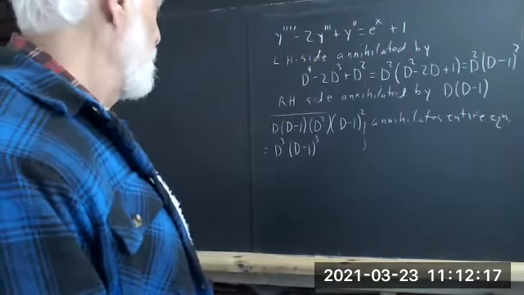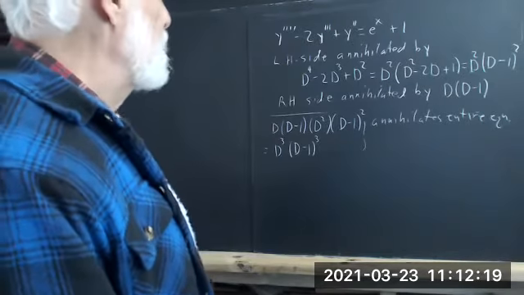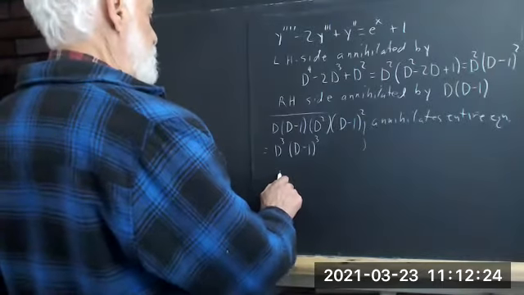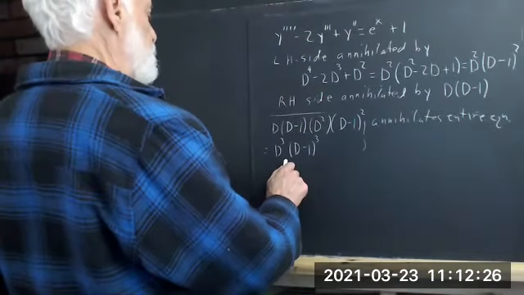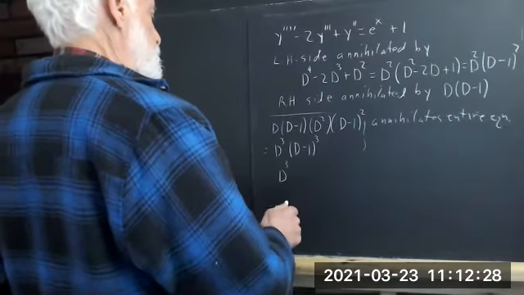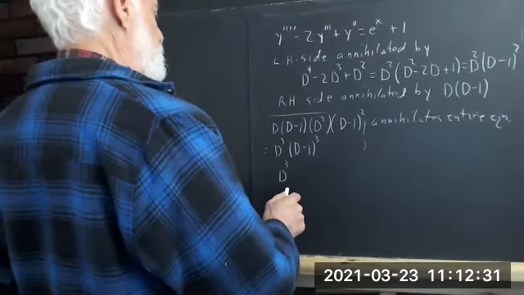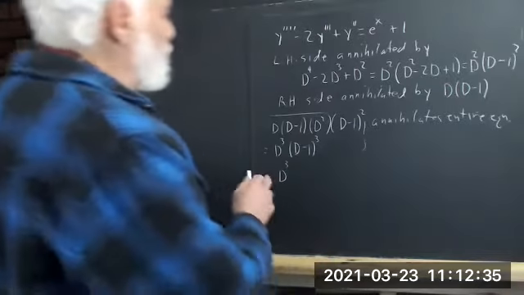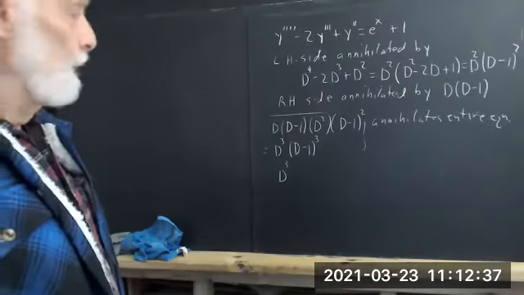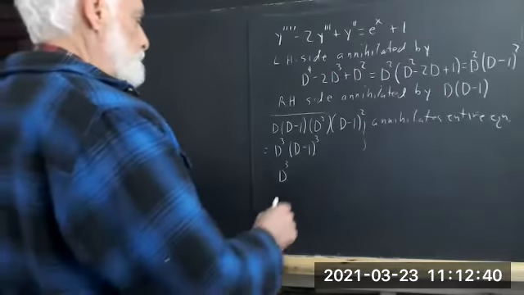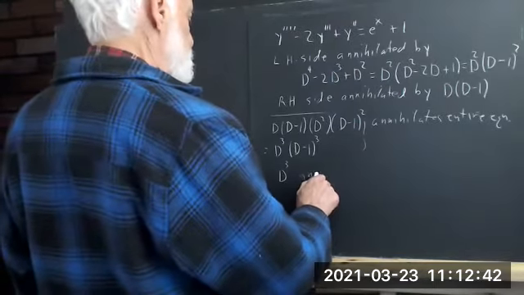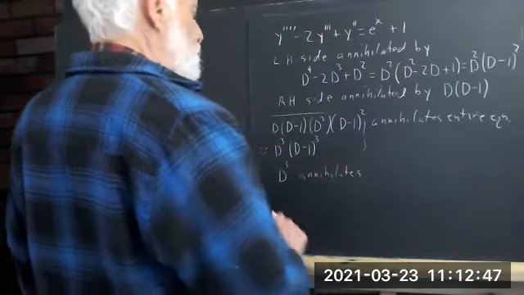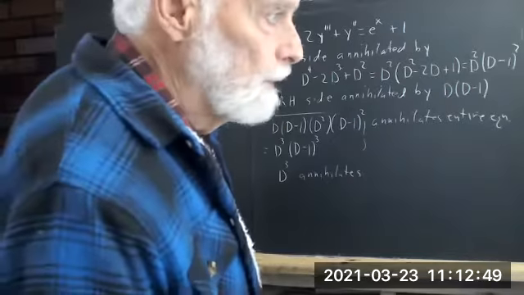First place, what does D cubed annihilate? Well, it annihilates any quadratic.